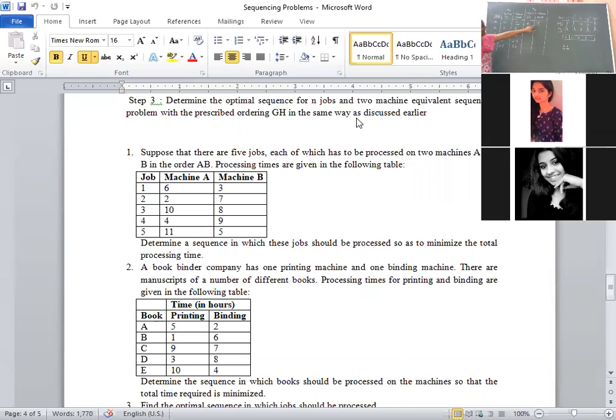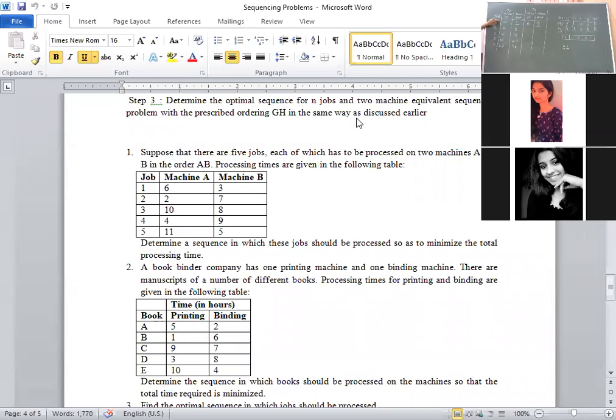Right now, here you have to write 9. Why 9? Why not 6? To perform the second job on machine B, it took until the 9th hour. After completion of job 2, then only machine B will take job 4. Again, I am repeating the sentence. To complete job 2 on machine B, it will take how many hours?